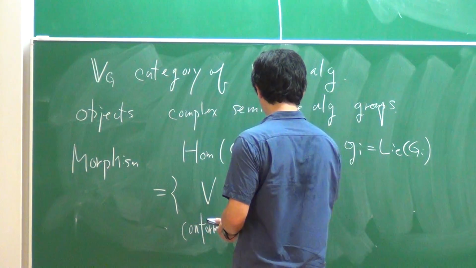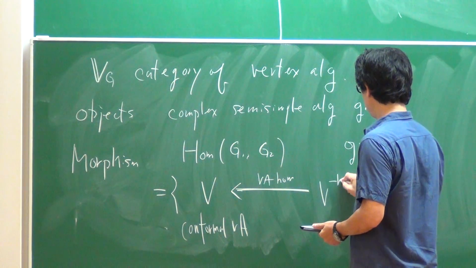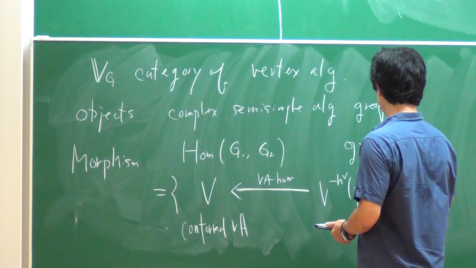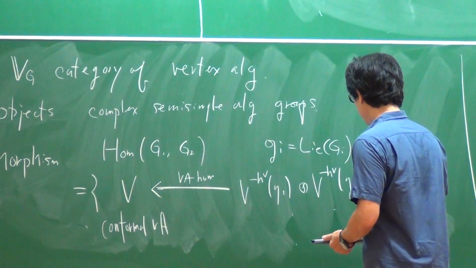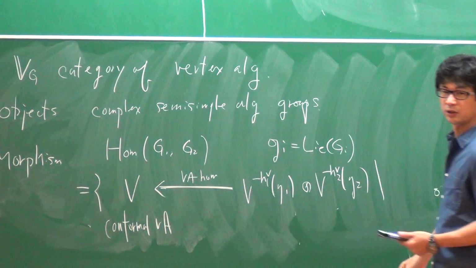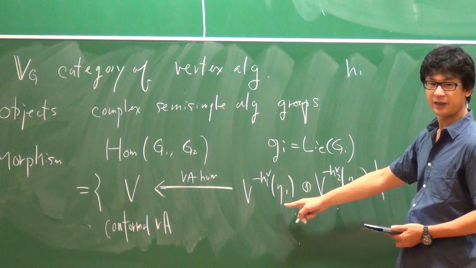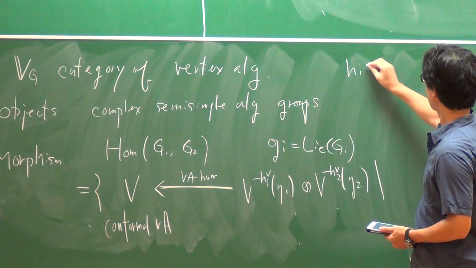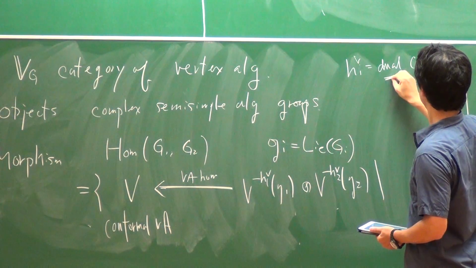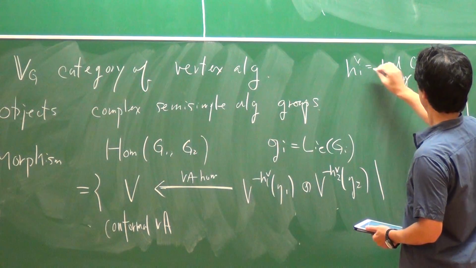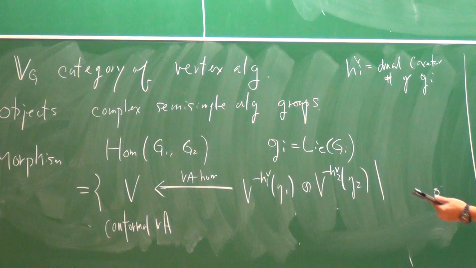So this should have a vertex algebra homomorphism from the tensor product of these two affine vertex algebras at the critical level. So hi check, in the case where Gi is simple, is just the dual Coxeter number of Gi. But if it's not simple, you just consider the tensor product of the corresponding simple factors.